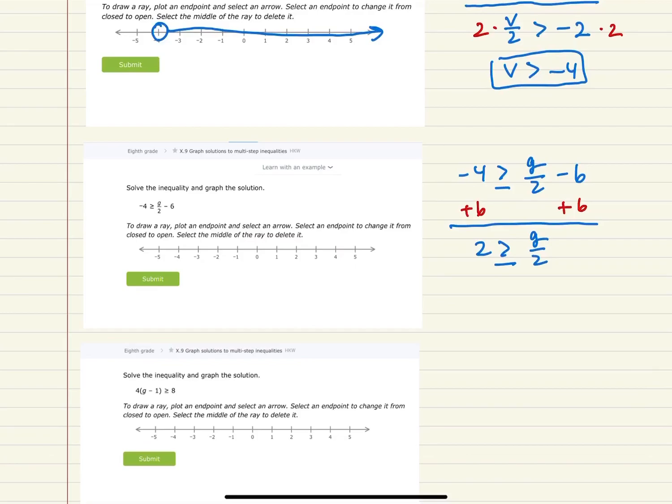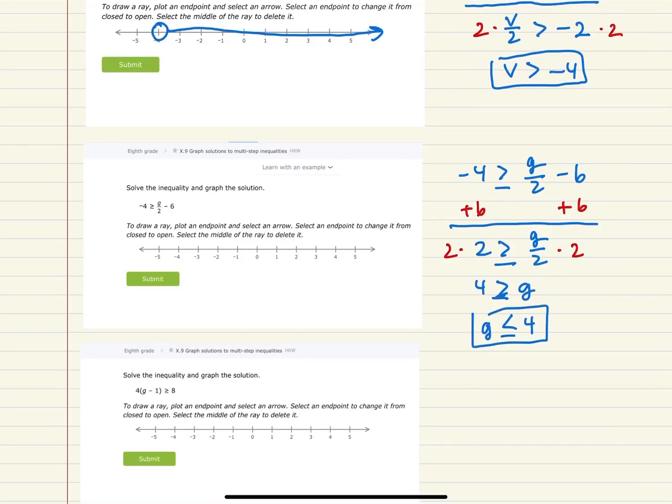I'm going to get rid of this denominator, so I'm going to multiply both sides by 2. And we get that 4 is greater than or equal to g. Again, I don't like having the variable on the right, so we are going to flip the entire inequality, and this tells us that g is less than or equal to 4.